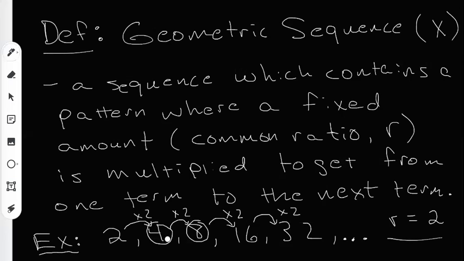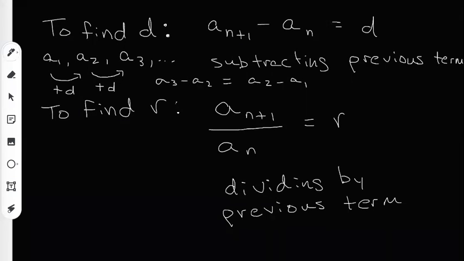And what's 8 divided by 4? 8 divided by 4 would be positive 2, right? So I'm dividing by the number that came before it to figure out what R is. So that's a quick way to figure out what D and what R is. Okay.